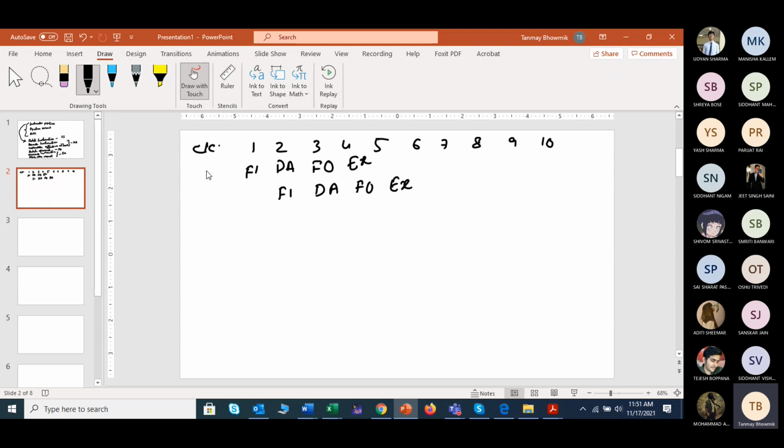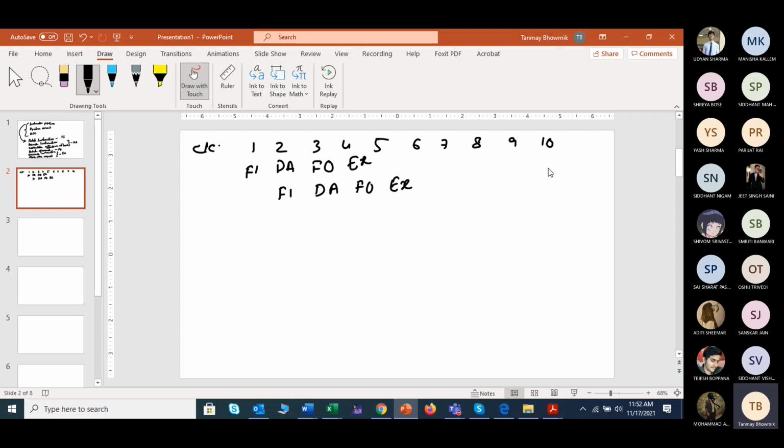Now the problem is hazard: when can a hazard happen, or when can some conflict, some data dependency, some resource dependency arise in our system. So we discussed this with an example.